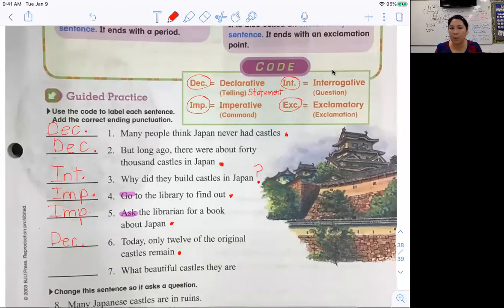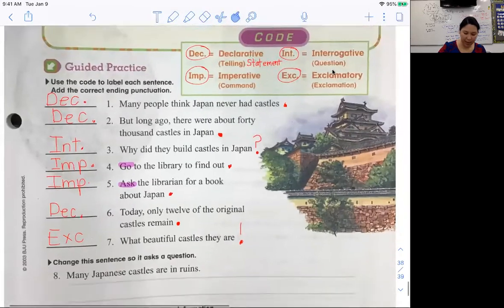It's not asking me, I don't need to respond. It's just showing excitement, strong feelings. What beautiful castles they are. And it's kind of that old-fashioned language. Okay, so we're gonna put exclamatory, and what do we do with exclamatory? I say exclamatory, you say feeling. If we have strong feelings, that's right, we need an exclamation point. All right, good job, you guys.